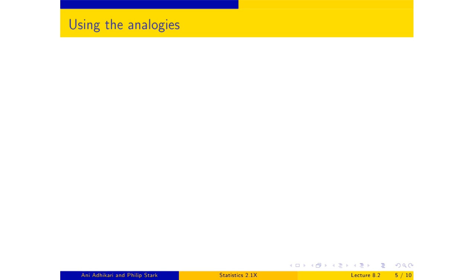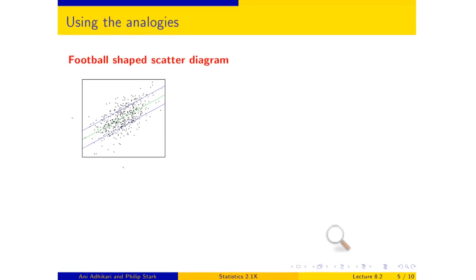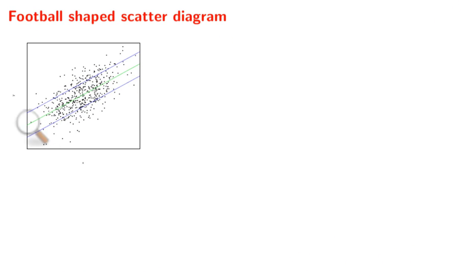And for the first example, what I'd like you to recall is that on a normal curve, if you look at the average and then walk one SD on either side, you pick up about 68% of the distribution. So what we're going to do in two variables with a football-shaped scatter diagram, which is the analog of our normal curve, is to draw the regression line, that's my green line, and then walk up one r.m.s error and walk down one r.m.s error everywhere along the line.